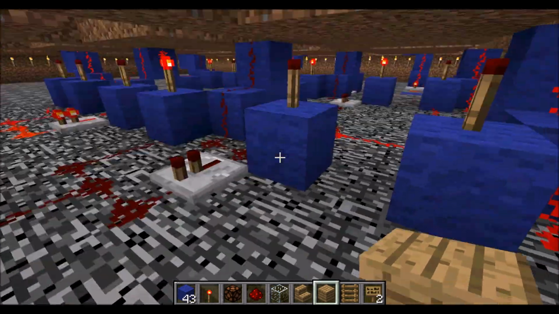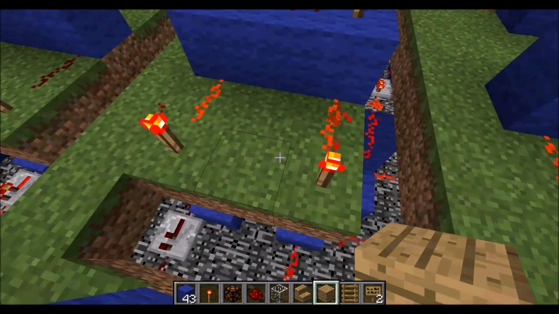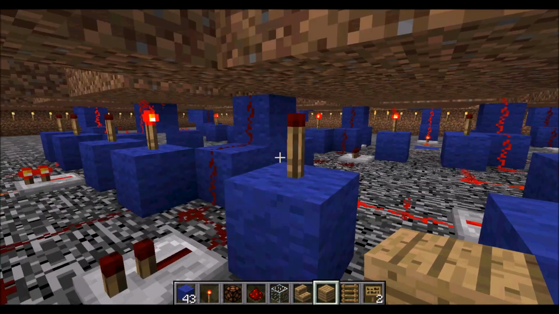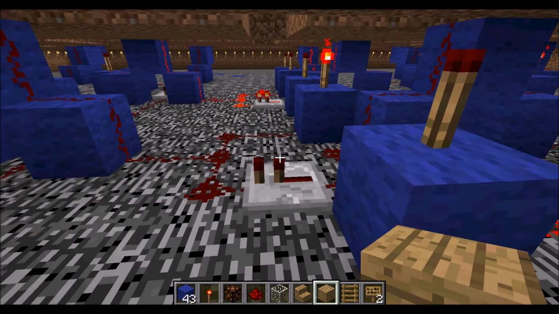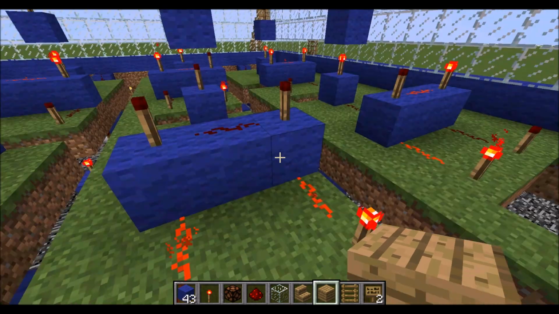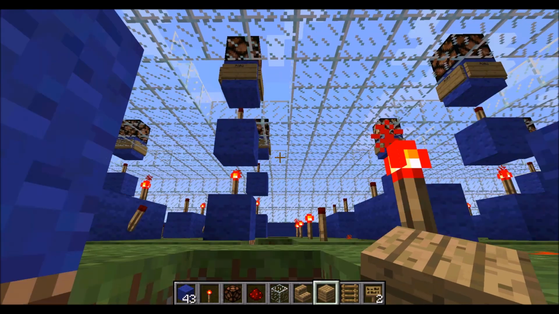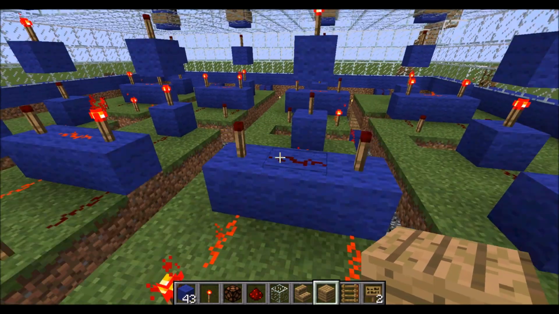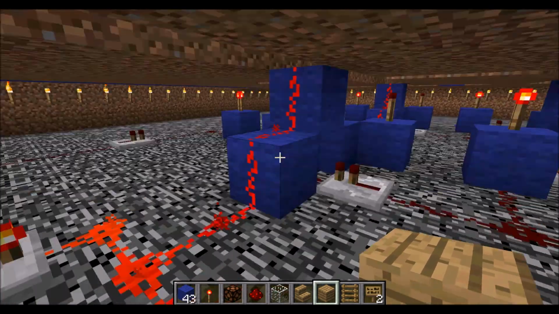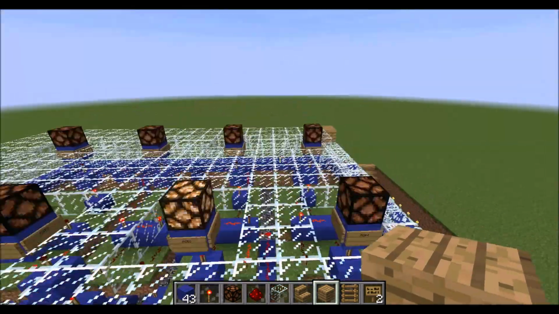These blocks are set up to power these blocks up here. There are redstone torches down here that cause both of these inputs into the AND gate to be off. If you power these torches, you will cause these inputs into the AND gate to be on. And this torch is powered by my B side.